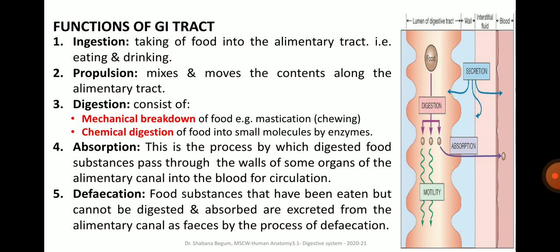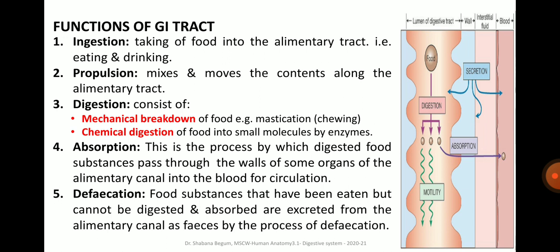So this GI tract helps in certain processes like ingestion. What is ingestion? Ingestion is taking of food into the alimentary canal, that is eating and drinking. Next is propulsion. Propulsion helps in mixing and movement of the content along the alimentary tract.